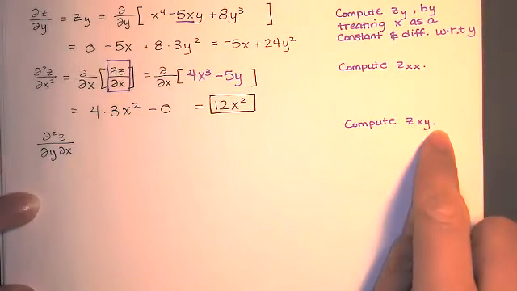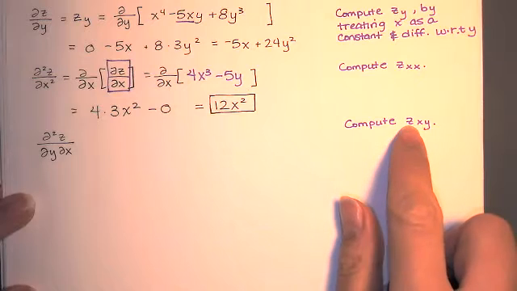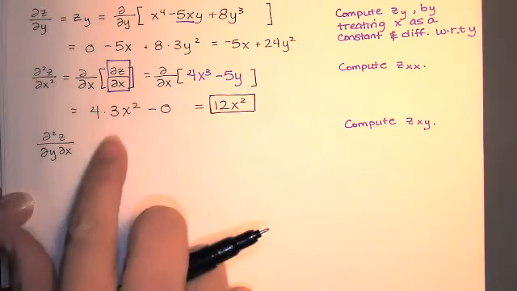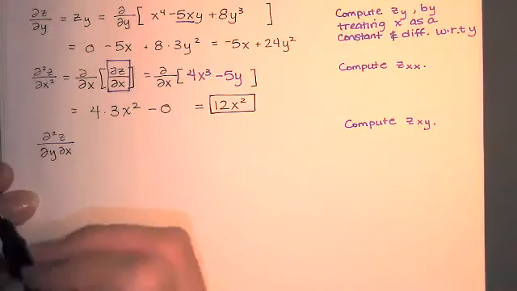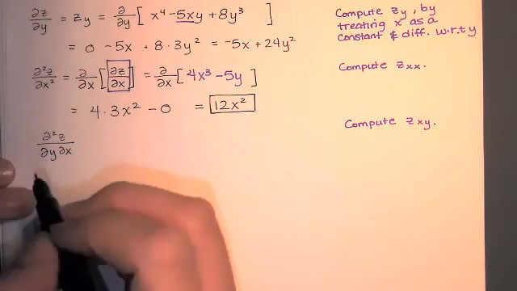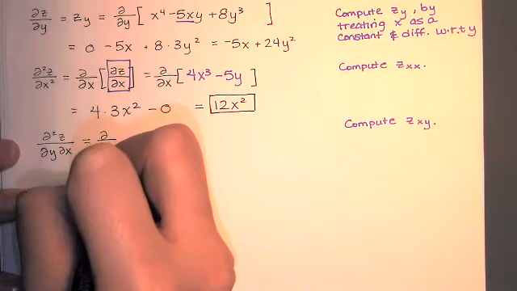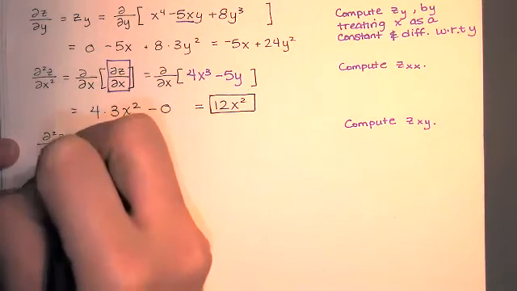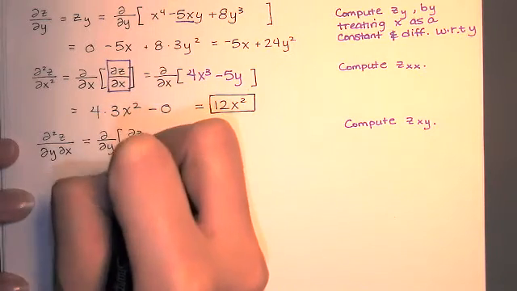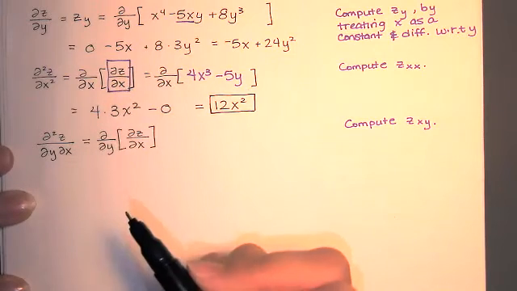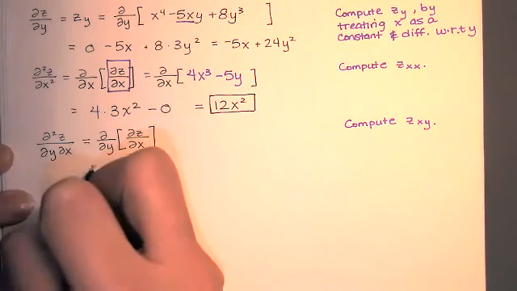Notice I've got an x first and then a y. That tells me I take the partial derivative with respect to x, and then I take its partial derivative with respect to y. Now this is in the reverse order, but I think it makes sense if you think of it in terms of operators. This is saying take the partial with respect to y of the partial of z with respect to x. And it's the same partial of z with respect to x that we computed earlier.